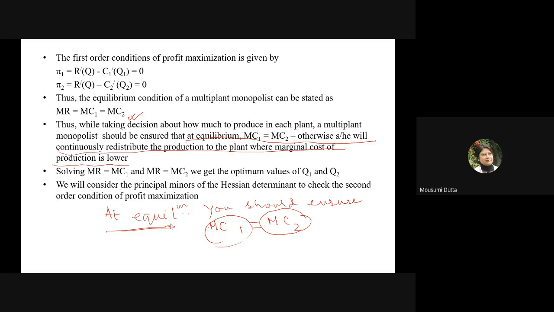Okay, the Hessian determinants should alternate in sign starting with negative. So this is the idea of the multi-plant monopolist. Now it will be your task to check the diagram from Pindyck-Rubinfeld for the multi-plant monopolist. Once you check this, in the next class, I'll draw the diagram and show how we are aggregating two MC curves, equating it with MR, etc.